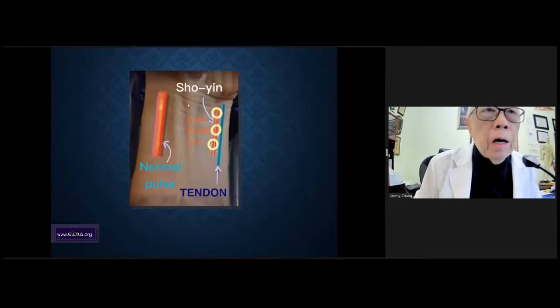But how do we differentiate the condition? I use my pulse diagnosis, something like this. This is the normal pulse. 寸关尺 is here, okay? But this is the tendon and this is the 少阴.